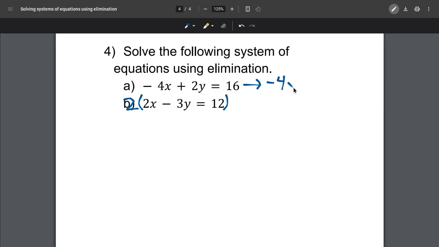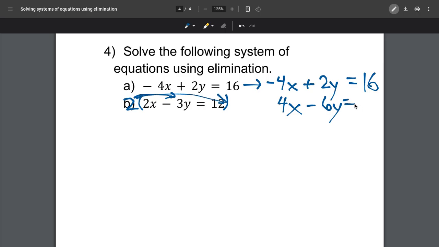So I'm going to have negative 4x plus 2y equals 16. And the bottom 2 times 2x is positive 4x. 2 times negative 3y is minus 6y. And then 2 times 12 is 24.